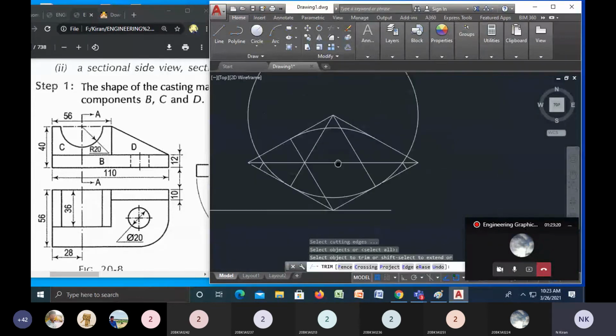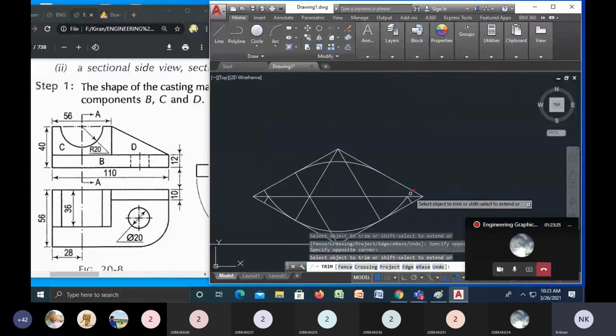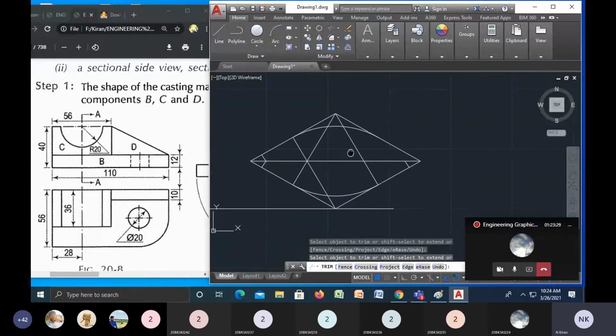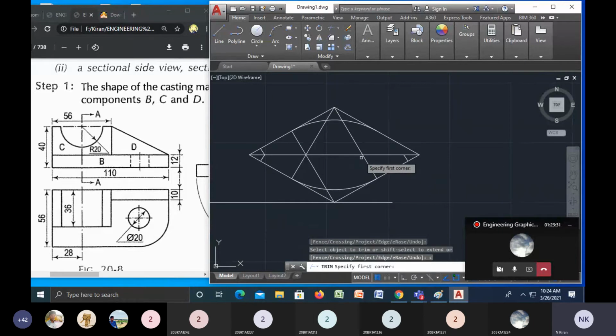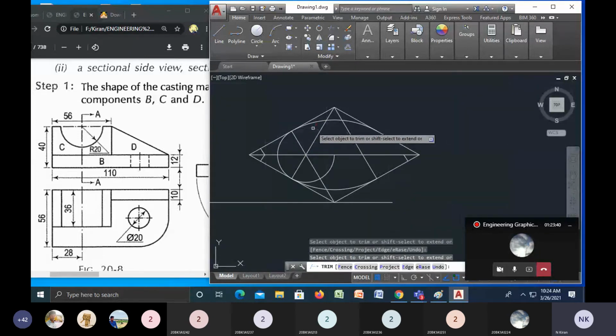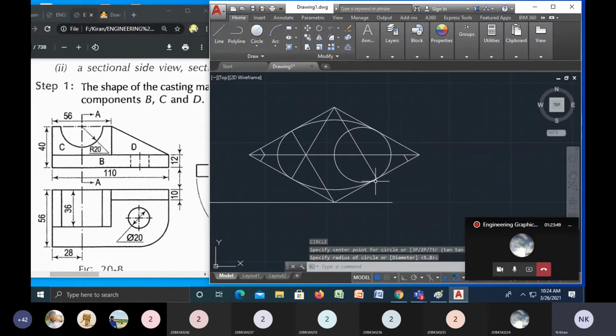TR double enter. Now C enter, escape, C enter, from this point I'll join up to here, TR double enter. Now again C enter, from this point I will join up to here, TR double enter.